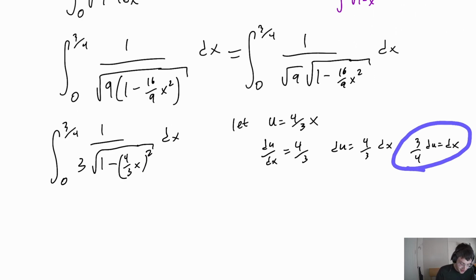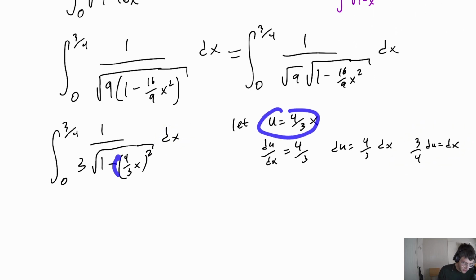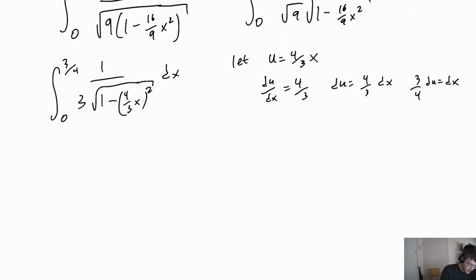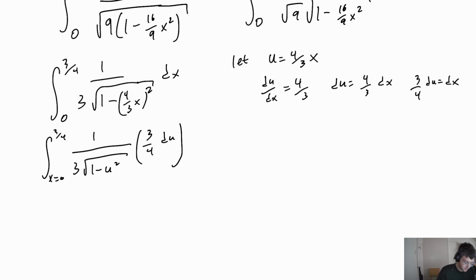So I can plug this in here, and I can plug u in here. And so this is going to give me the integral as x goes from 0 to 3/4 of 1 over 3 times the square root of 1 minus u squared times 3 over 4 du.